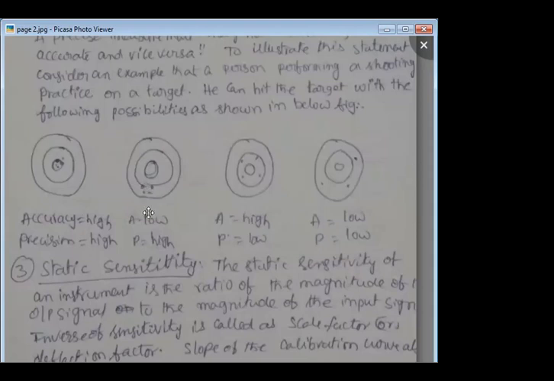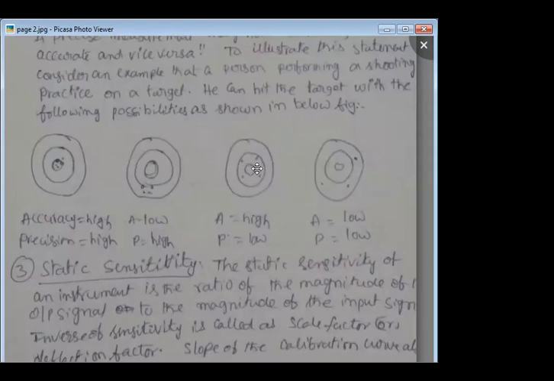So the accuracy is low and precision is high, because all the bullets hit nearer to the same place. And coming to the third case, all the bullets are very far away from the target, and also very different from each other.